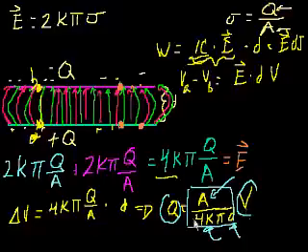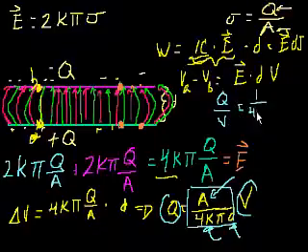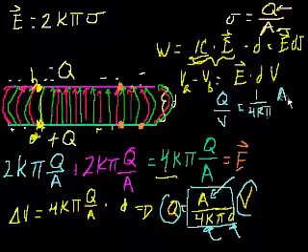Another way of rewriting this, if we divide both sides by voltage, is Q over V is equal to 1 over 4 k pi times area over distance.